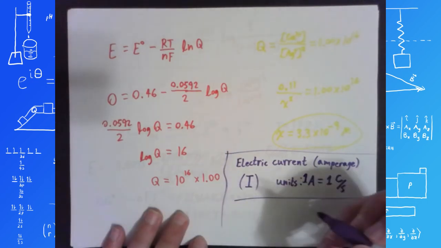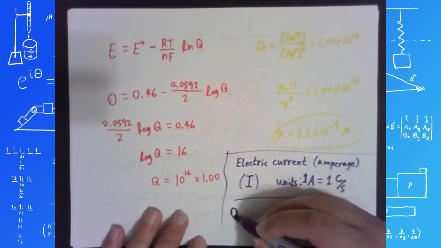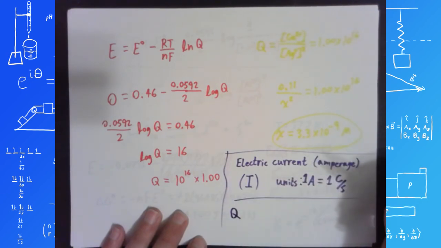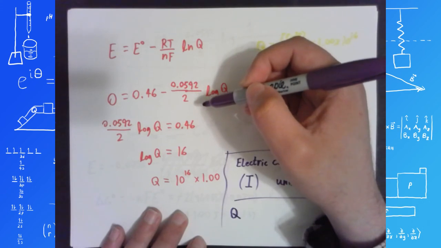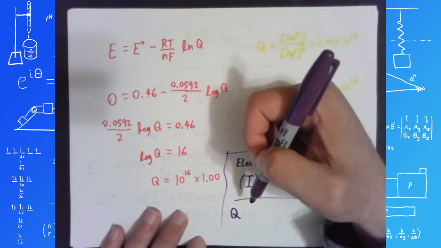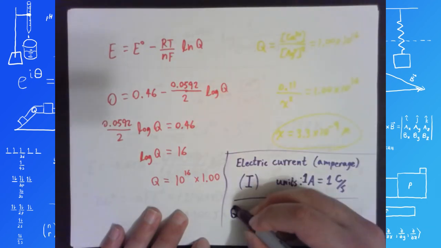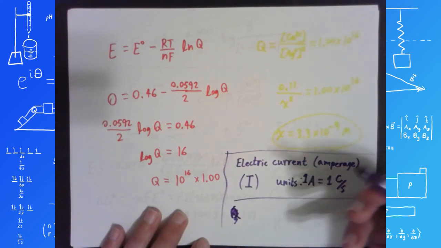So you can say that total charge, and I guess we would use, in physics we use Q for charge, but we already use Q for the reaction quotient, and we use lowercase q for heat, so maybe we shouldn't use Q here. What should we use instead? Let's come up with some symbol.